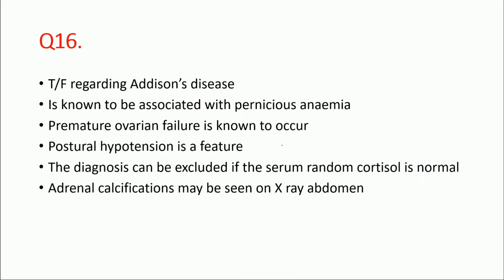Also, things like Hashimoto's thyroiditis can be associated with Addison's disease, right? Because it's the same sort of autoimmune spectrum disorder. And also like pernicious anemia, they can get autoimmune ovarian failure as well, right? So autoimmune ovarian failure, autoimmune pernicious anemia, autoimmune thyroiditis, all these things can coexist with Addison's disease.